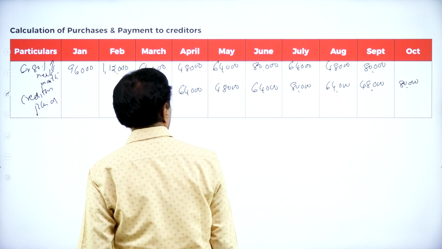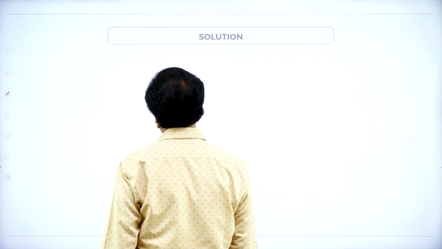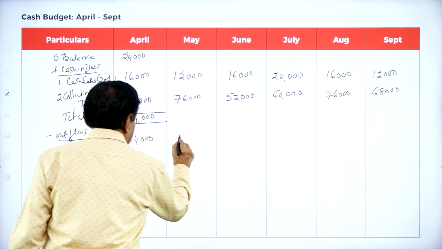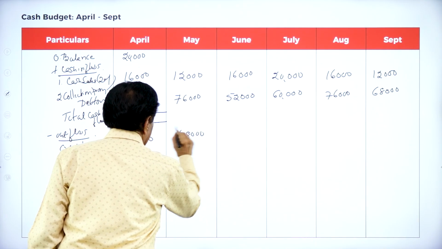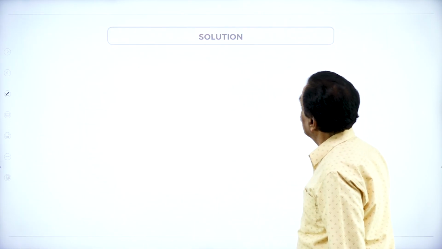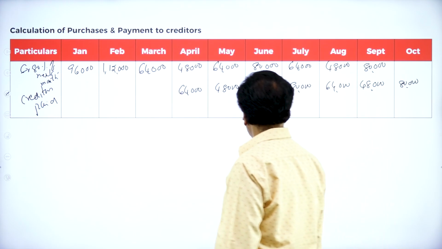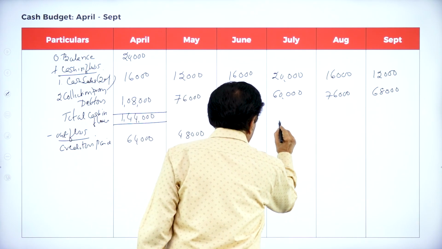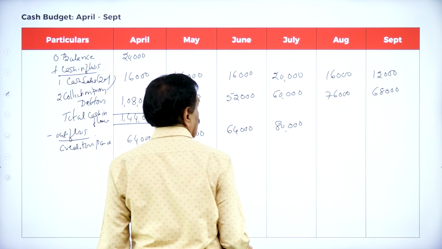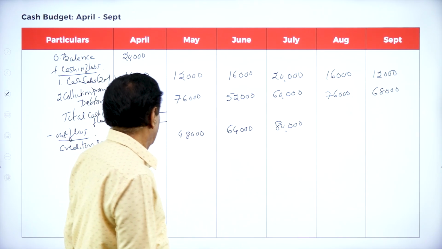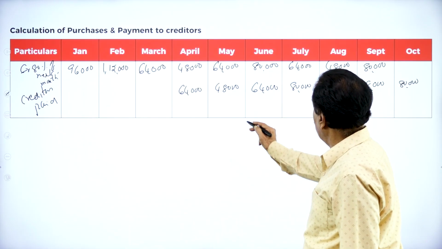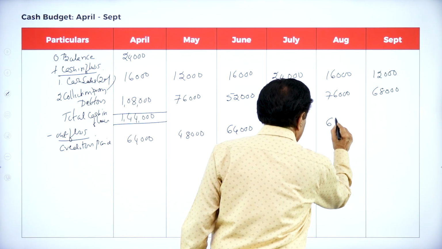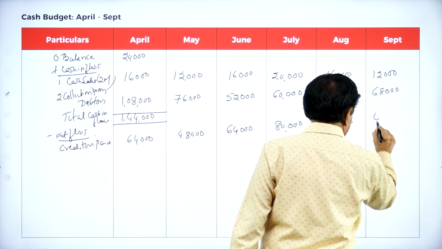Creditor paid 64,000 in April, 48,000 in May, then 64,000, 80,000, 64,000, 48,000.